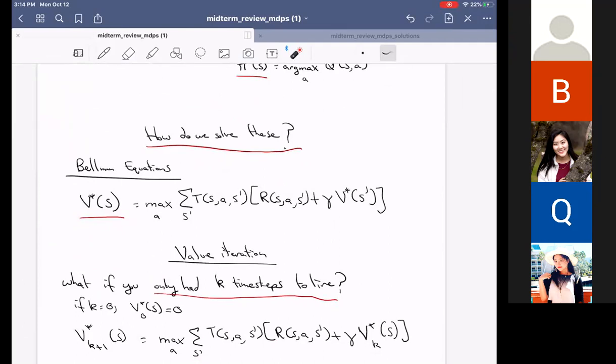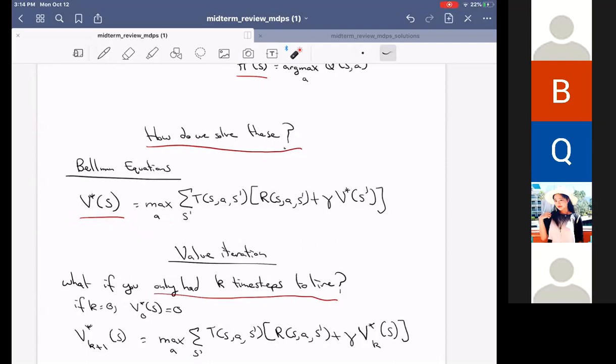It says that the optimal value of a state is the max over all the actions, so sort of choosing the best action to take, of how much value you get from that action. And the value that you get after taking that action is just the reward that you get from transitioning to state S prime after taking action A, plus whatever value you get after you've taken that action.